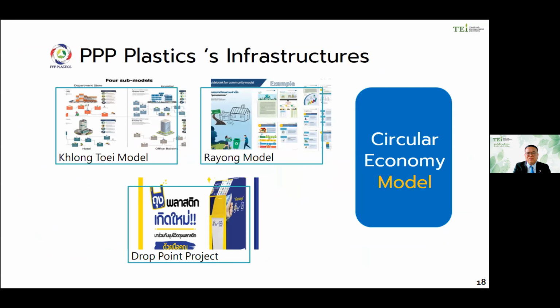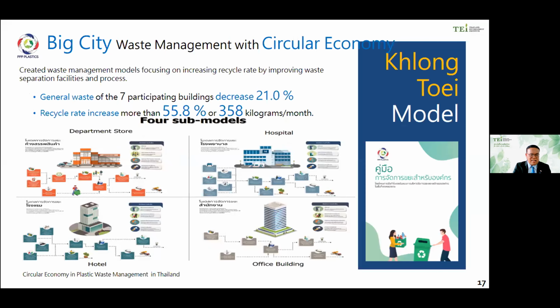There are a number of circular economy models implemented by PPP Plastic and partners, including the Kongtoi model, a business model for plastic waste management; the Rayong model, a community and province-based model; and a project that collects plastic waste. The Kongtoi model is a city and business model for waste management, especially for plastic, using a circular economy approach that we work on closely with the private sector.